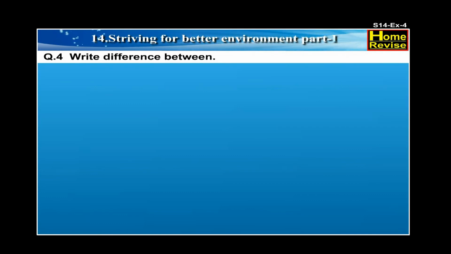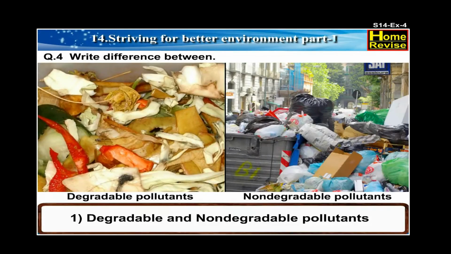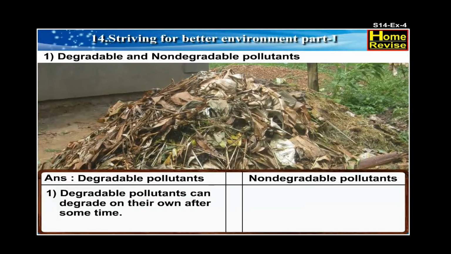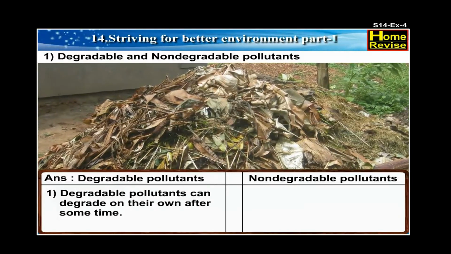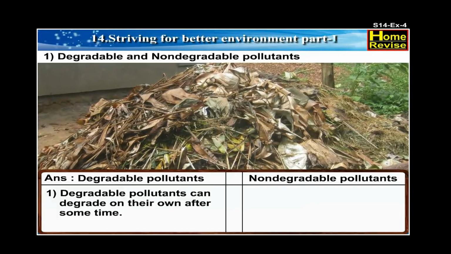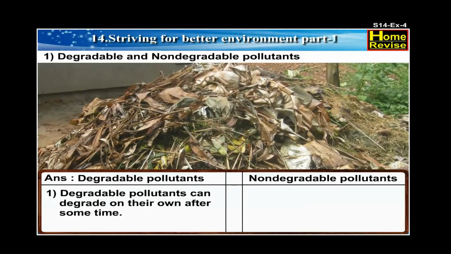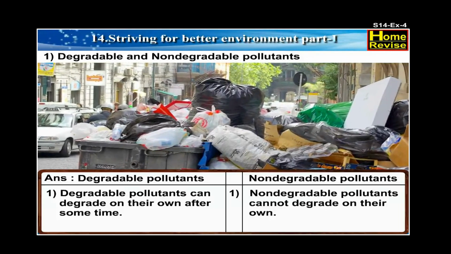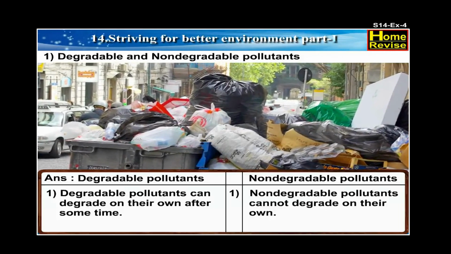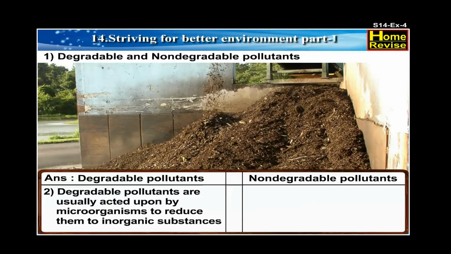Question 4. Write difference between 1. Degradable and non-degradable pollutants. Answer. 1. Degradable pollutants can degrade on their own after some time, while non-degradable pollutants cannot degrade on their own. 2.